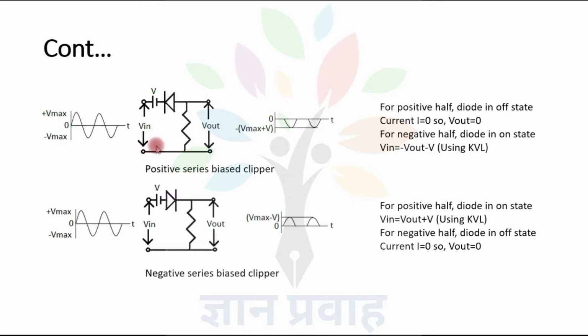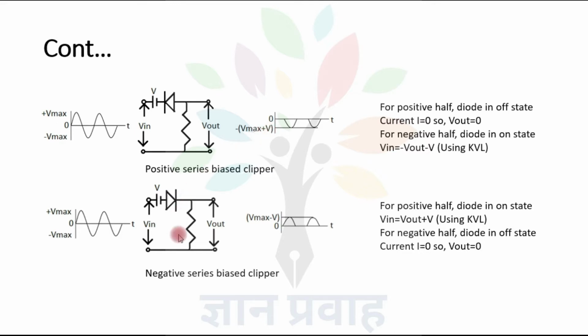So by applying Kirchhoff's voltage law here, V in equals minus V out minus V. So V out equals minus V in minus V, and the maximum value of V in is V max. So the maximum value of V out is minus V max minus V, or plus V in a bracket.